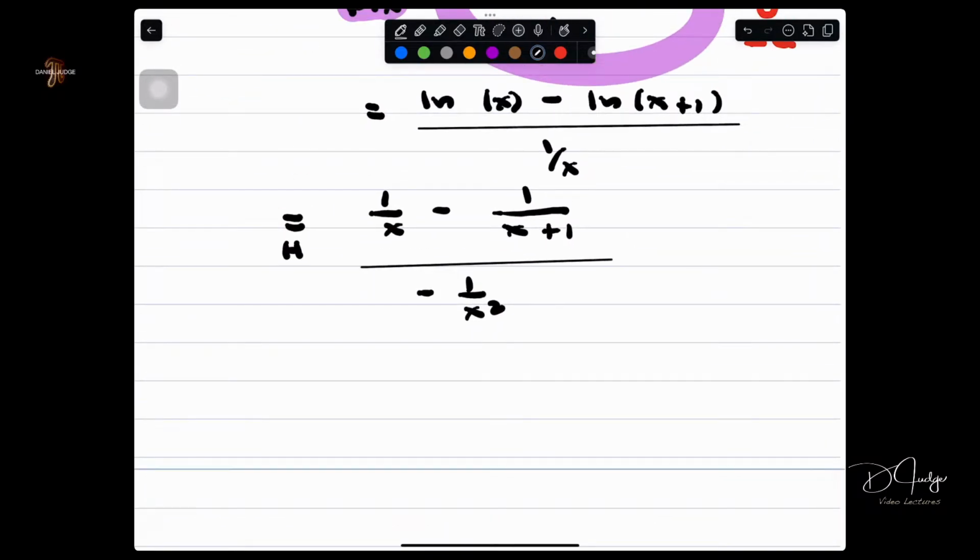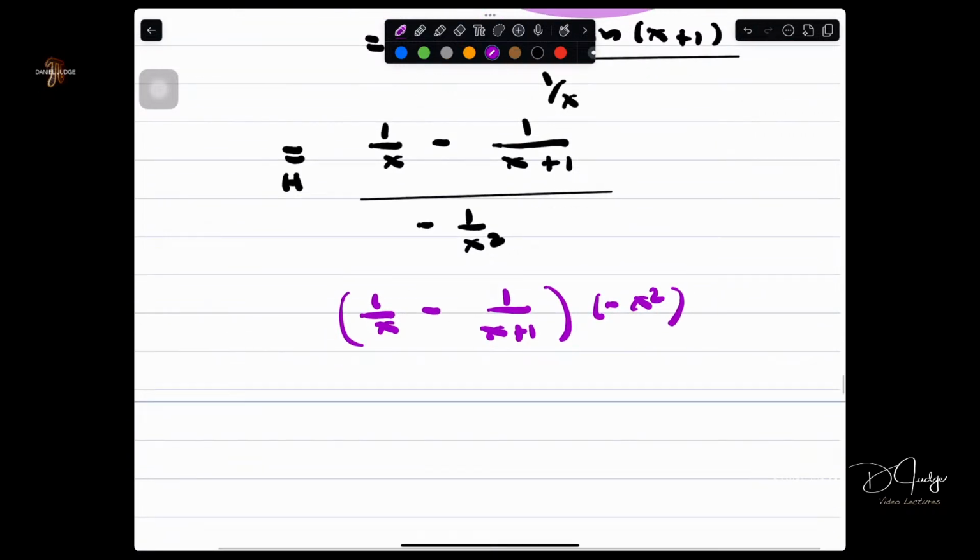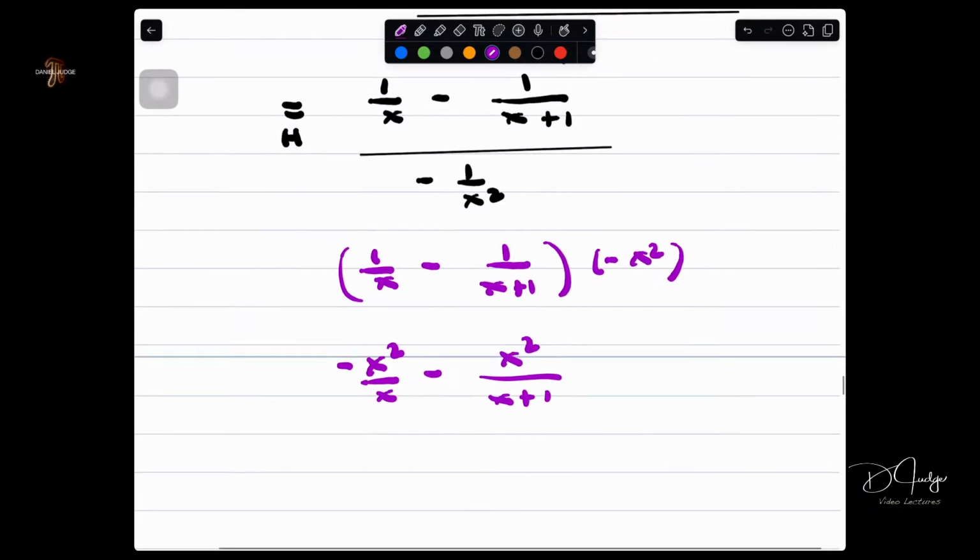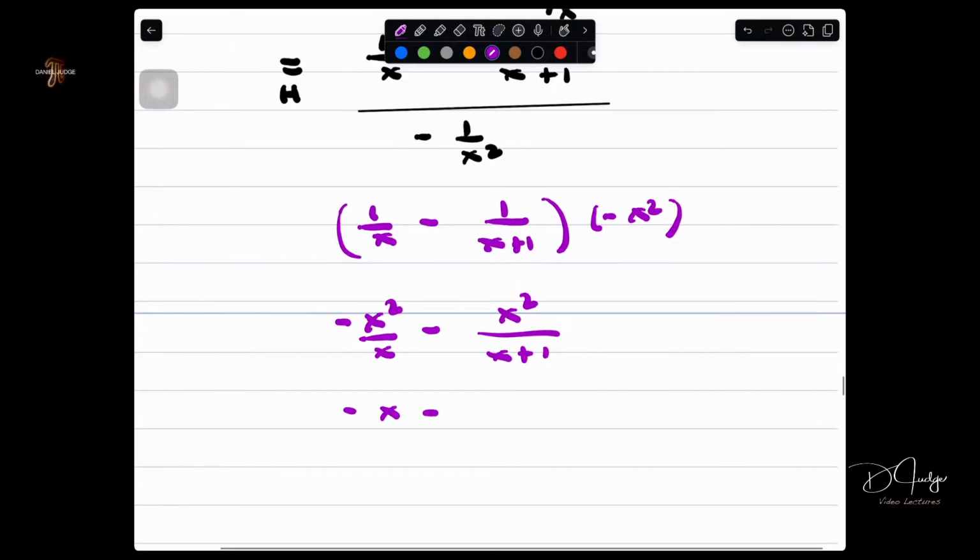So using some algebra now, instead of dividing by a fraction, we multiply by negative x squared. So we get negative x squared over x minus x squared over x plus 1, which is negative x minus x squared over x plus 1.